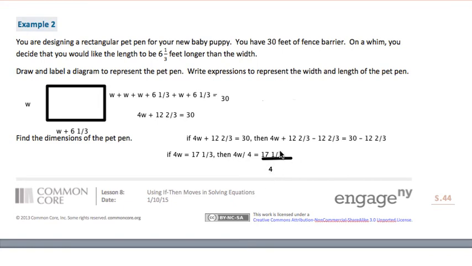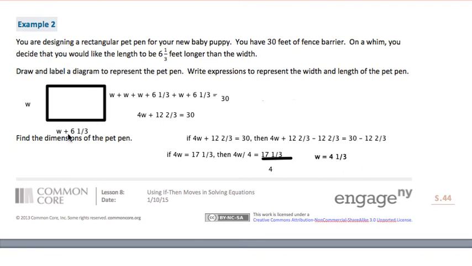And we know that division can be changed to multiplication by multiplying by the reciprocal. So what we're going to do is take 17 1/3, change it to an improper fraction, and then multiply by 1/4, since that is the way we would do that. And when we complete the calculation, we find that the width equals 4 1/3.